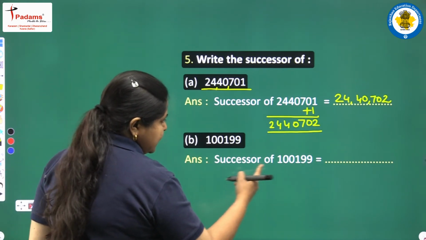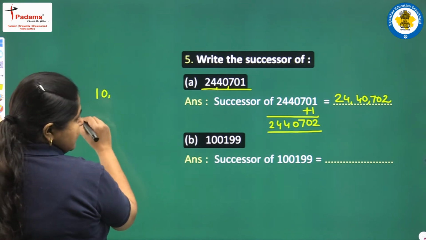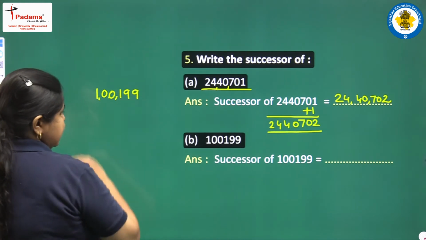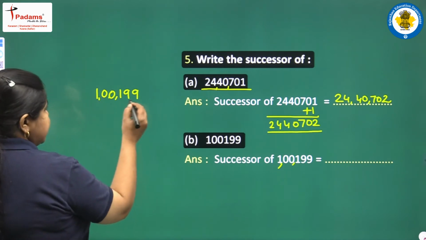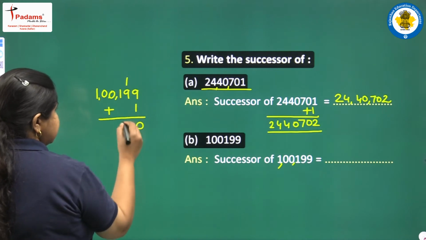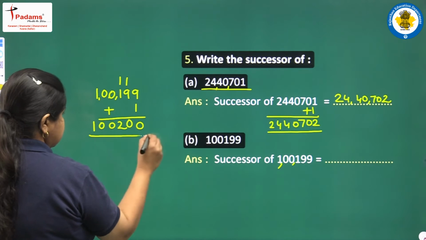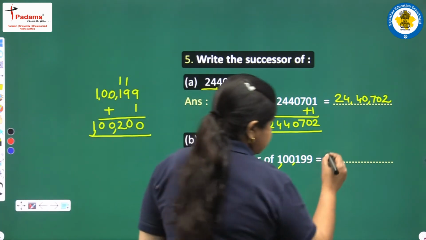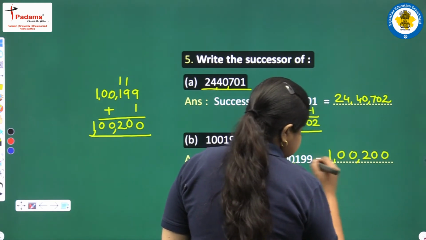Then this next one, again we need to find its successor. It is 1,199,999. Putting in the commas, it is 11,99,999, and now add 1 to it. What do we get? 1,200,000 is the successor.